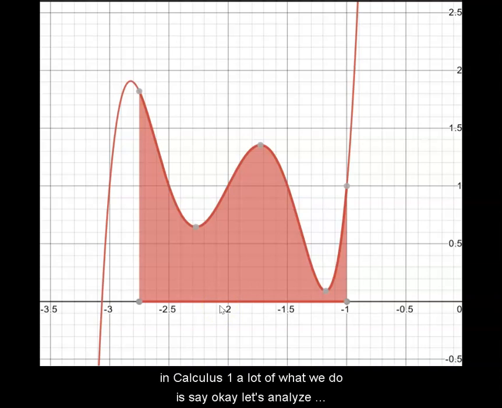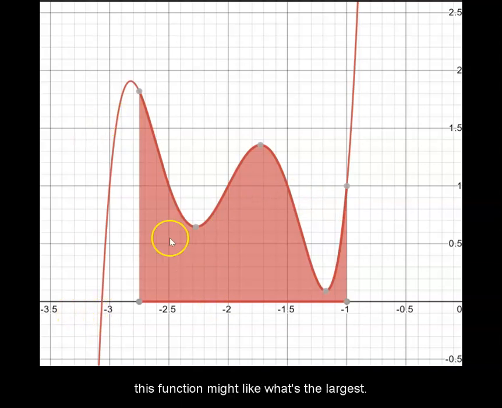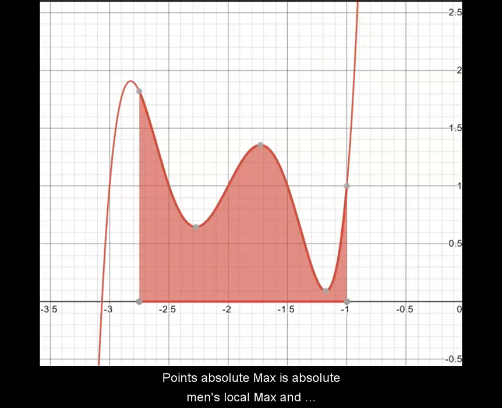I know in Calculus 1, a lot of what we do is say, okay, let's analyze this function, right? Like, what's the largest points, absolute maxes, absolute mins, local max and mins, when is it increasing, when is it decreasing, inflection points. We do all of these things, right? And we could use that approach to try to guess the area from one point to another, but we would have to do that curve sketching, that function analysis, for every function every time you want to do this.